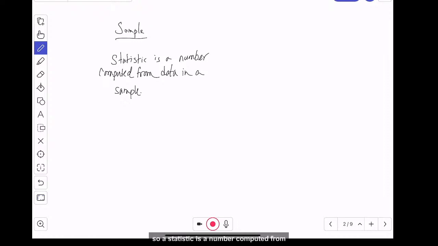So a statistic is a number computed from data in a sample. And what is its intention? That's the whole thing. What is the intention of the statistic? Why do we do this? Well, because we believe there's a population of data out there that our sample aims to represent. And that population has characteristics.